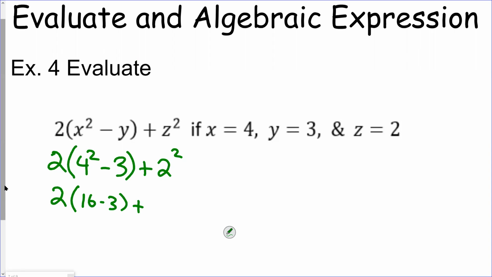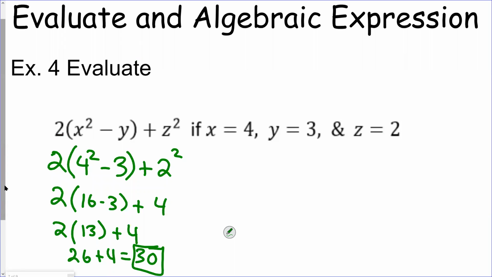Hey, look, we have an exponent outside the parentheses. We can do this because it has nothing to do with the parentheses. 2 times 16 minus 3 is 13. Next, multiplication, 2 times 13, 26 plus 4. 26 plus 4 is 30.